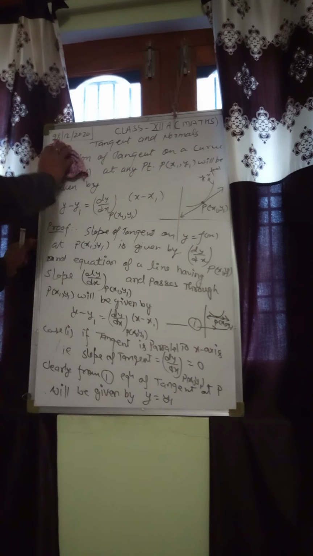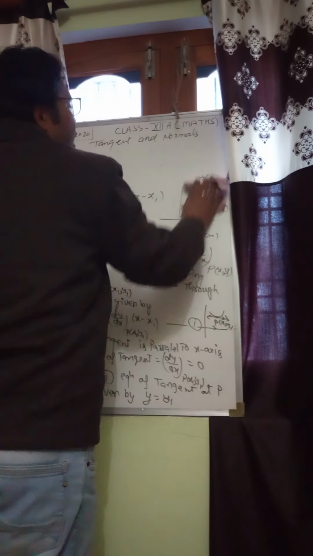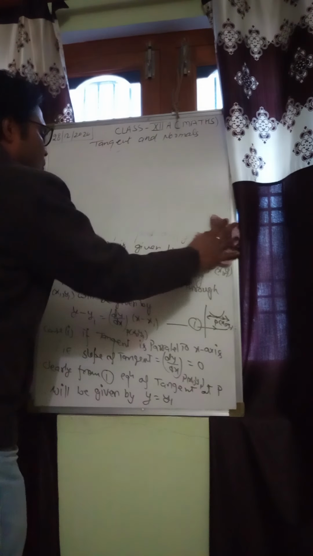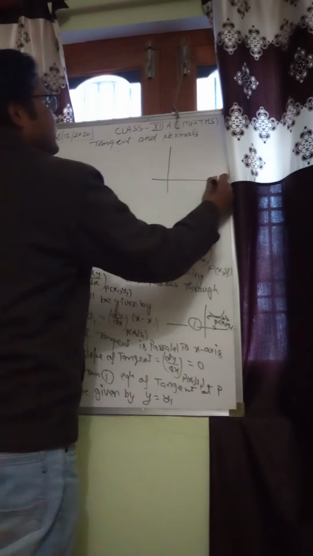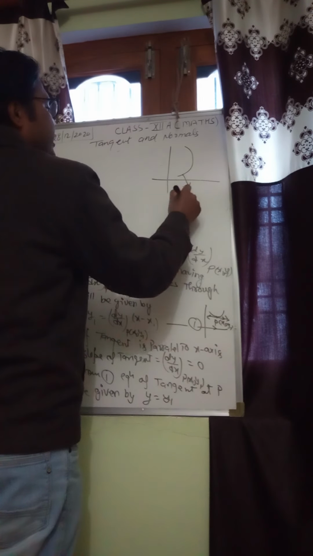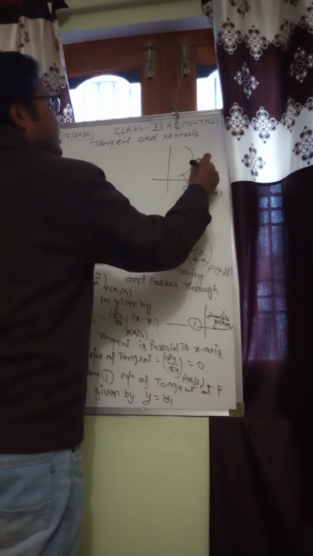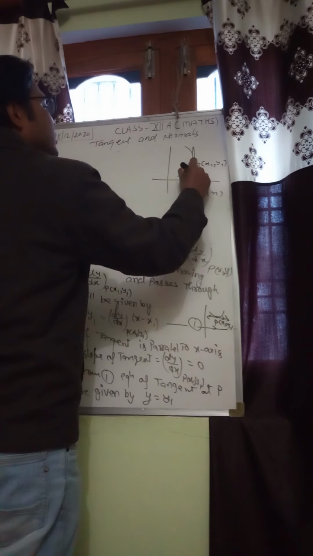Now another case, it may be possible that the tangent becomes parallel to y axis. Parallel to y axis means like this. It may be possible the curve is y = f(x), that one, and here is the point P(x1, y1), and we want to draw the tangent at P(x1, y1), this one.